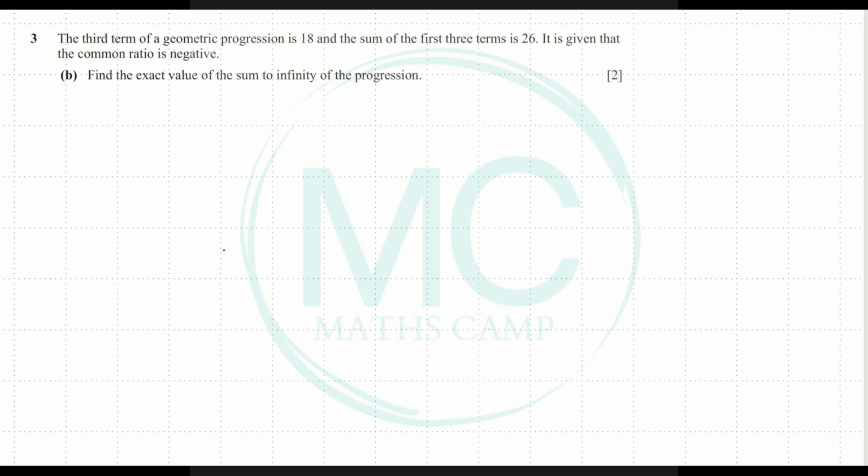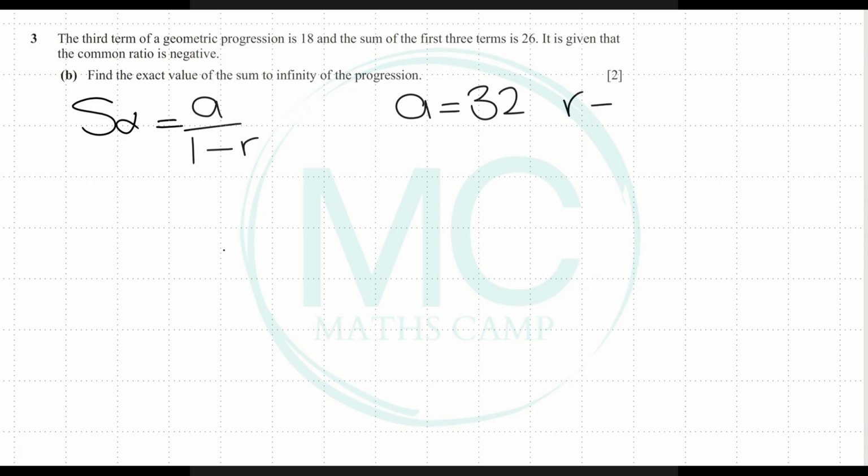Find the exact value of the sum to infinity of the progression. To find the sum, we say the sum to infinity is equal to a over 1 minus r. From part A, we know that a is 32 and r is equal to negative 3 over 4.